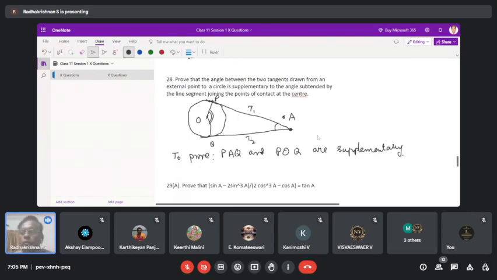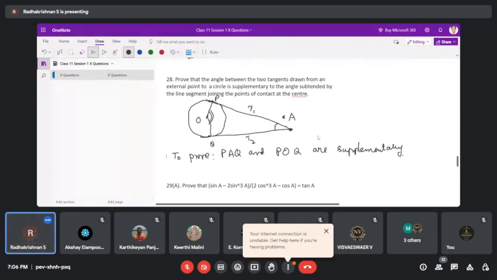So does anybody know what supplementary means? Two angles are supplementary and complementary. You would have read these terms, right? Anybody?